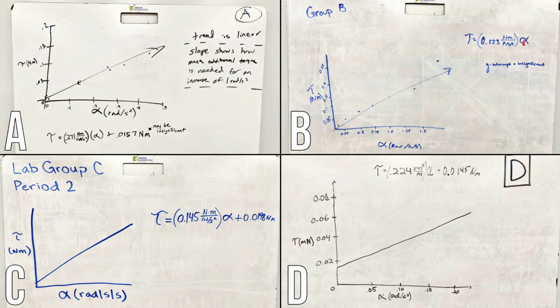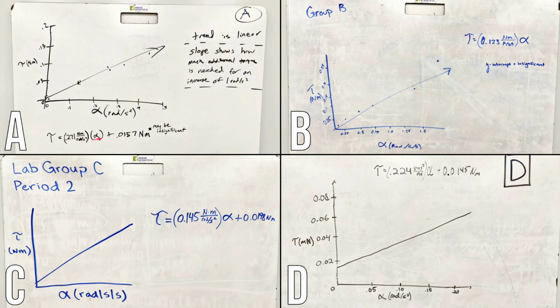So if you plugged in 1 for alpha here, this equation would give you how much torque is needed to get the system that group B used to have an angular acceleration of 1 radian per second for each second. And for group A, if you plugged in 1, it would again tell you how much torque is required to give their system that specific angular acceleration.